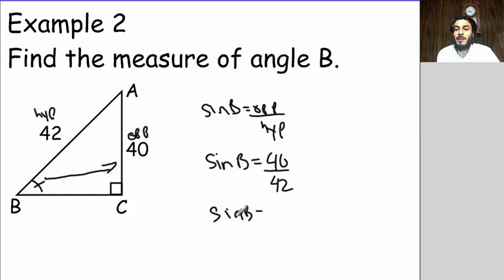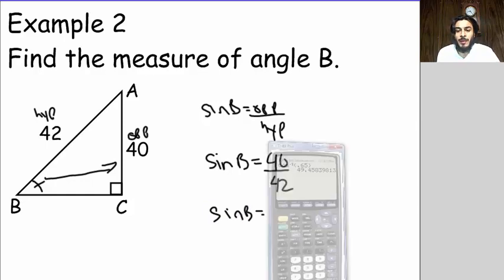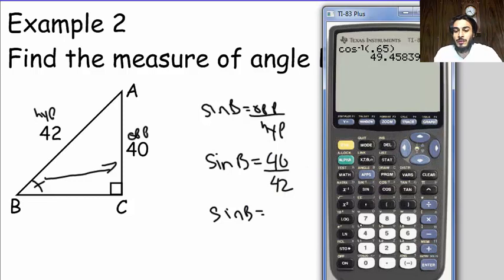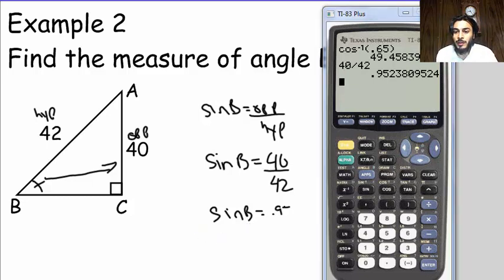and we get sine of B equals 40 divided by 42, which is 0.9524, rounded to 4 decimal places. So you always want to round to 4 decimal places while you're doing these trig problems.